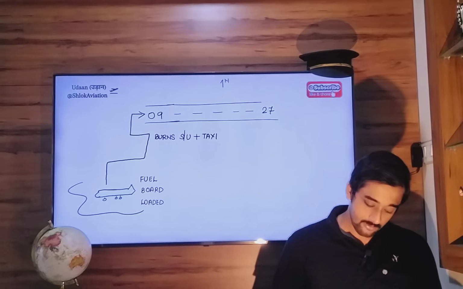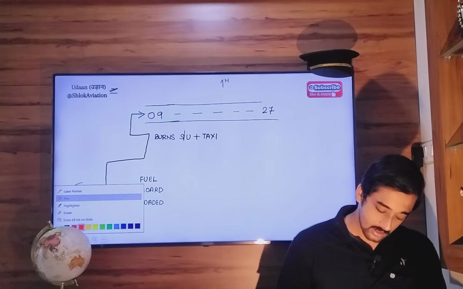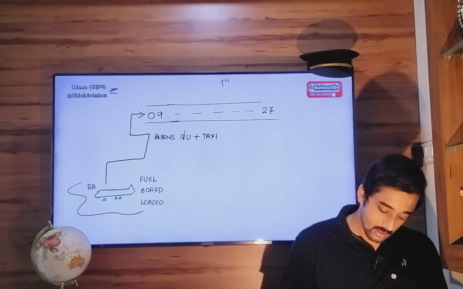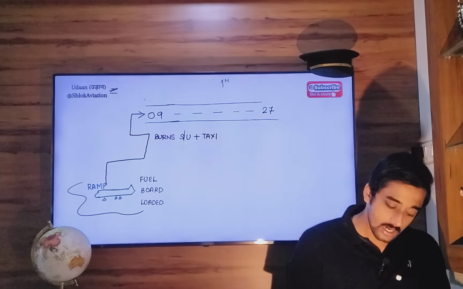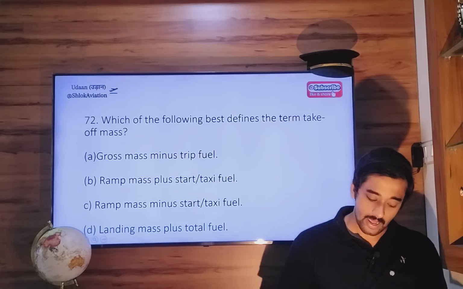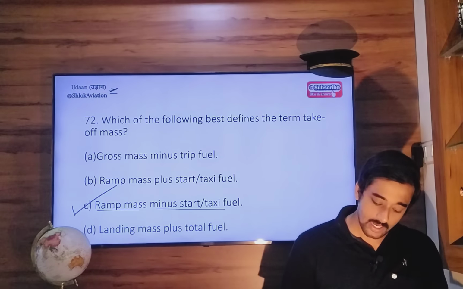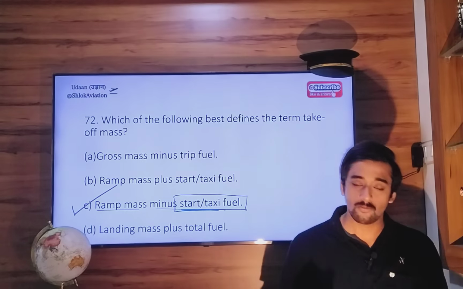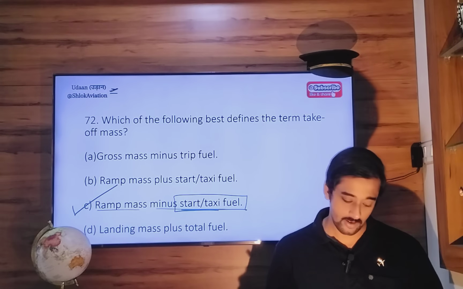Here you had ramp mass, and when you burn all this startup and taxi fuel, you will be left with takeoff mass. So takeoff mass is equal to ramp mass minus startup and taxi fuel, because this startup and taxi fuel will be consumed much before you reach your takeoff position on the runway, right?